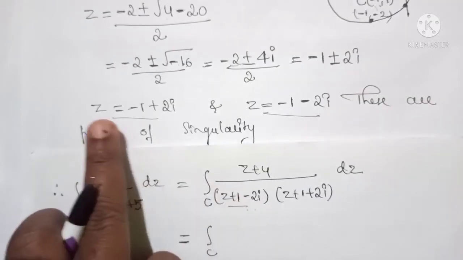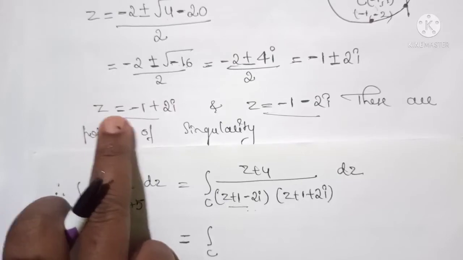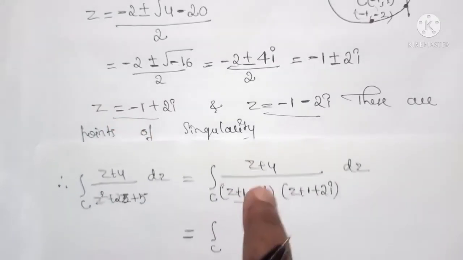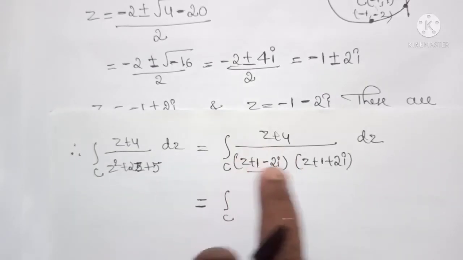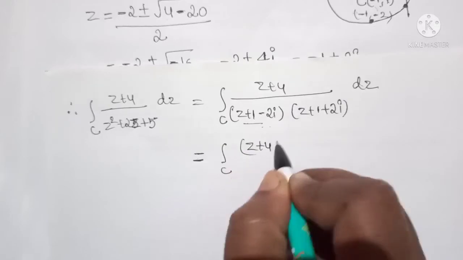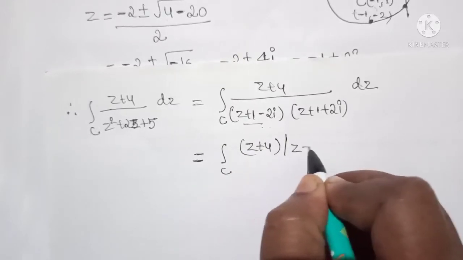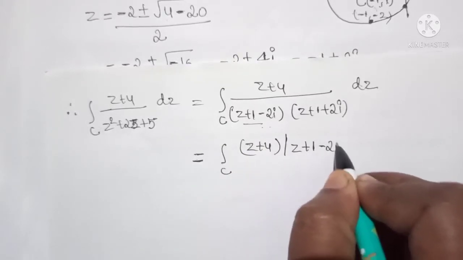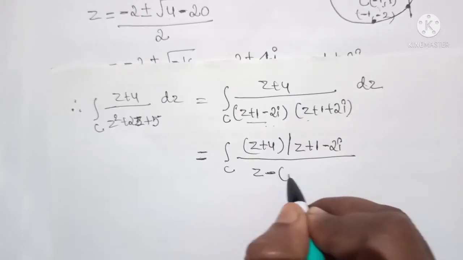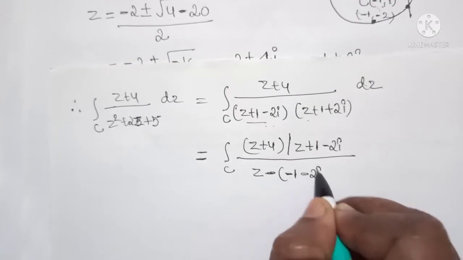At this point we are getting, that is outside the circle, therefore the integral becomes 0. Therefore we take this to the numerator, we get z plus 4 divided by z plus 1 minus 2i. Denominator we represent it as z minus of minus 1 minus 2i.